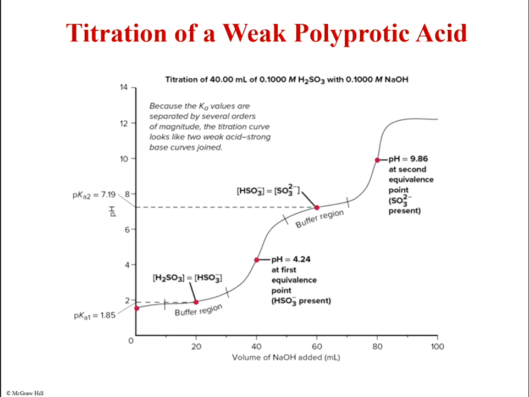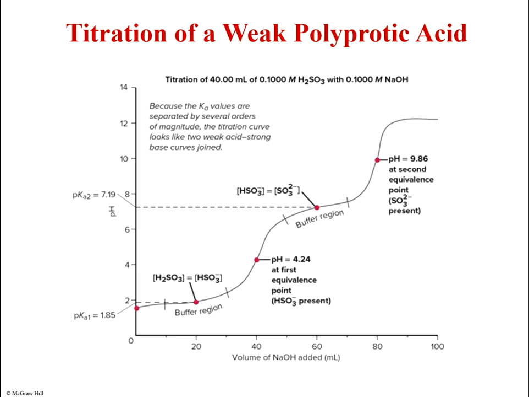And then, as you go past that first equivalence point, you reach a second buffer region. That's where we have the monohydrogen sulfite and the sulfite conjugate acid-base pair. This buffer has a much higher pH, so this buffer's in the higher pH region near pKa2 for sulfurous acid.